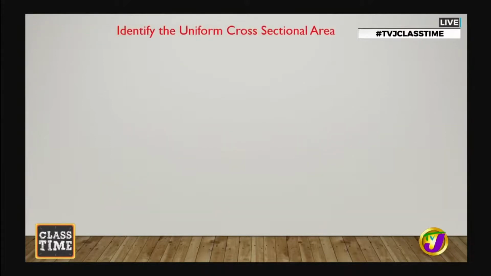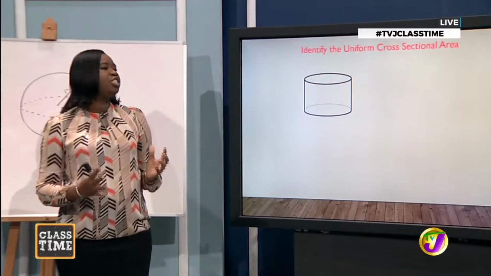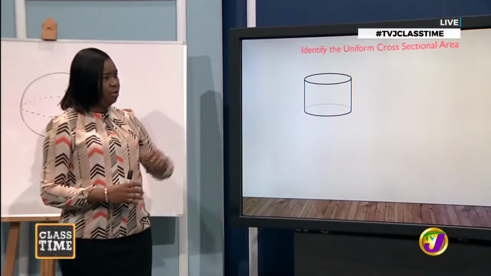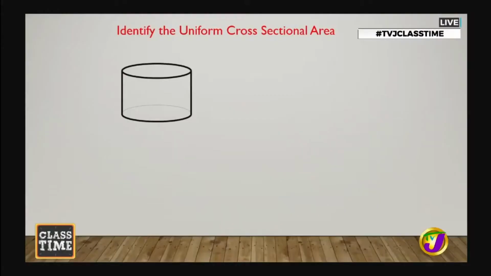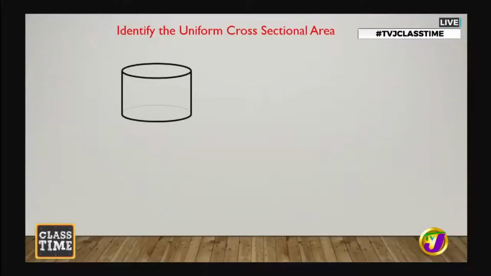Now, if you look at this cylinder, what do you think would be the cross-sectional area? What would be the shape for the cross-sectional area for this cylinder? As we were discussing before, the cross-sectional area would be the congruent shapes. I am seeing 2 circular faces. Yes, that could possibly be congruent.